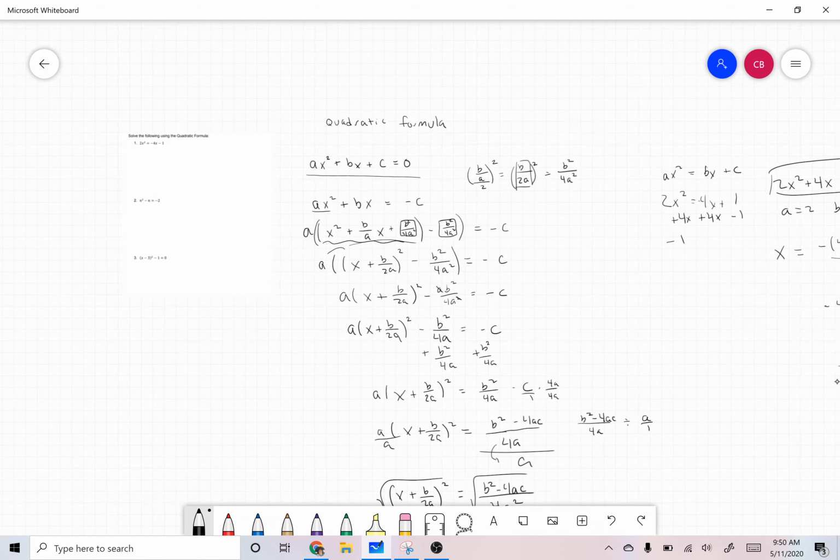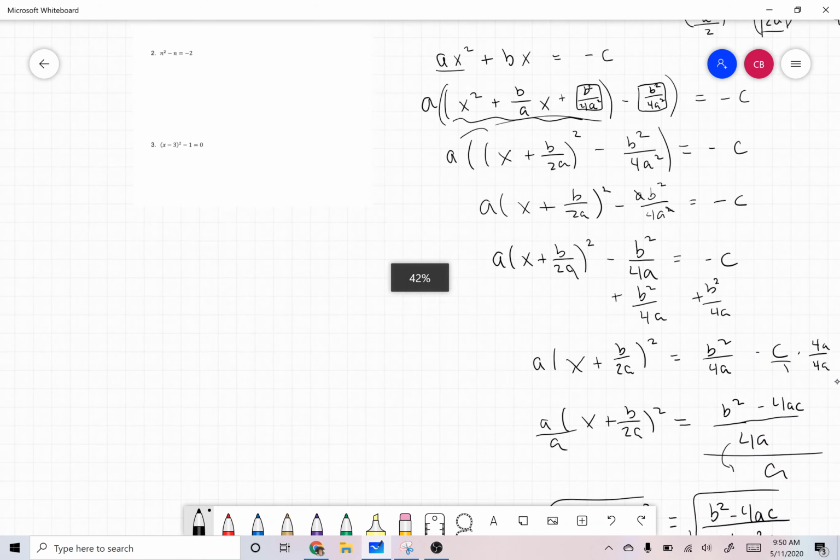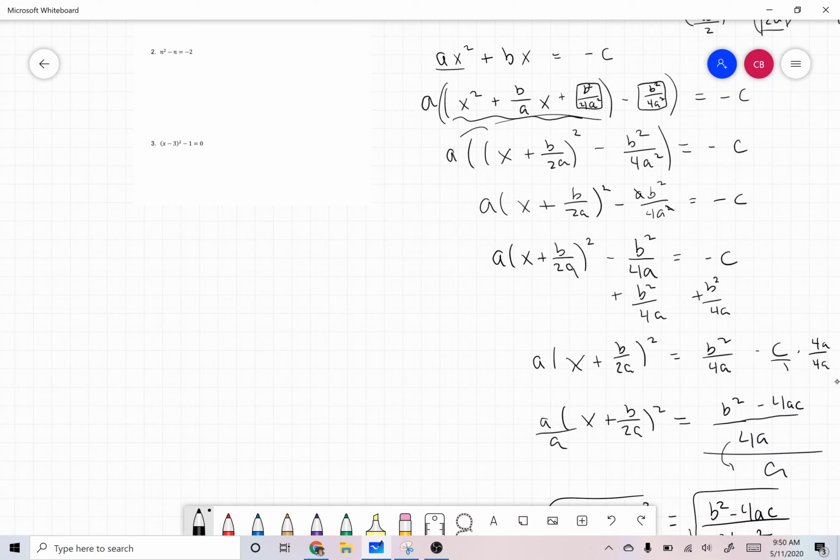The next one we will do is going to be number 2. We have n squared minus n is equal to negative 2. So the earlier part of this worksheet is going to be your different ways to get zeros for a quadratic. For instance, you might use the square root rule.